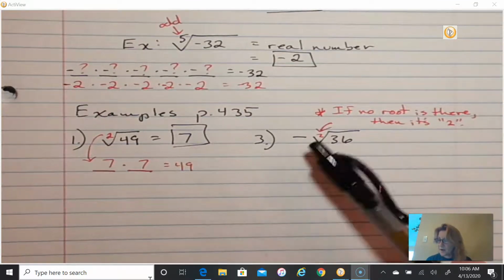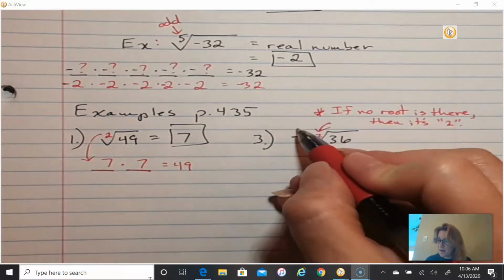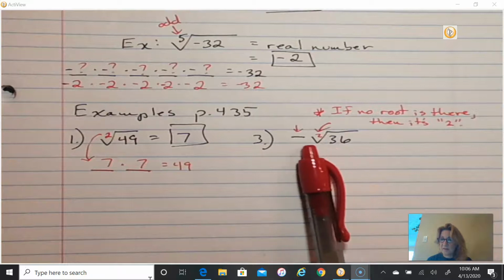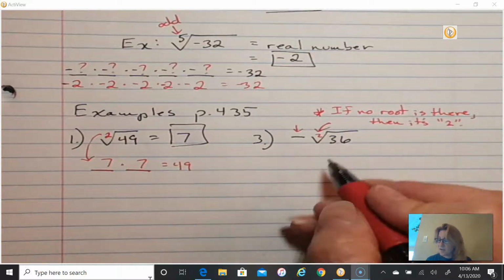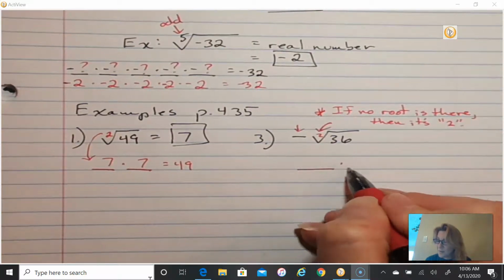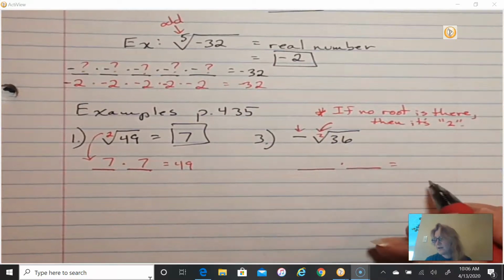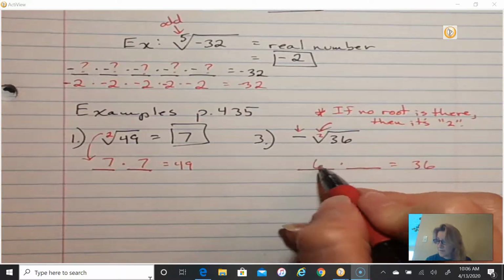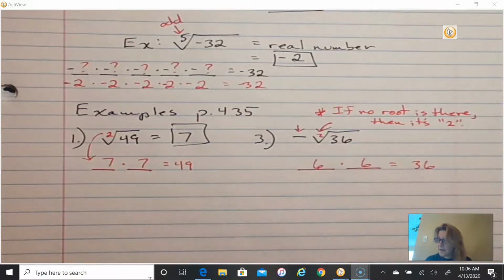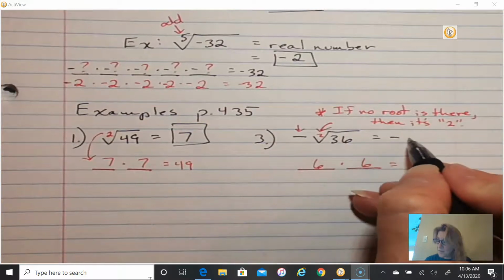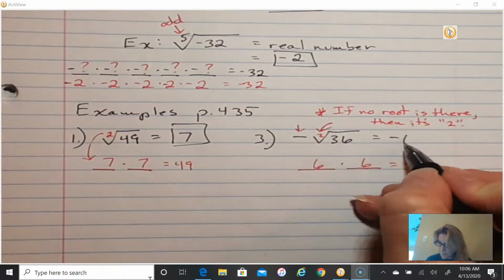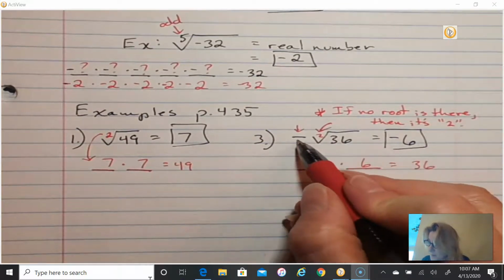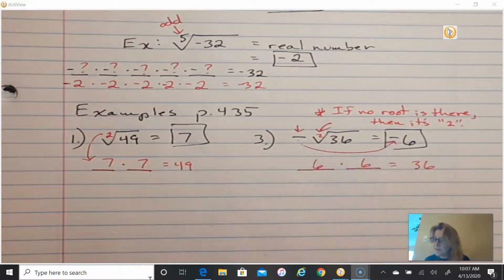Okay, now here, notice the negative on the outside. That's a positive 36 with the negative on the outside. So what times itself is going to give you that 36? That's right, 6. And because of that negative, we're going to say it's negative 6.